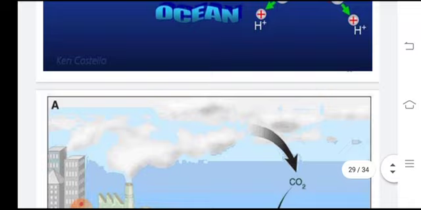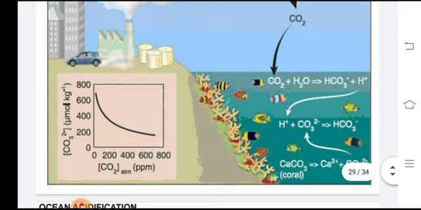Similarly, you can go through it in detail, and then we have some more additions and dissociations.